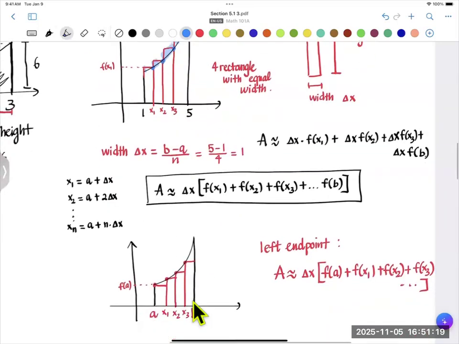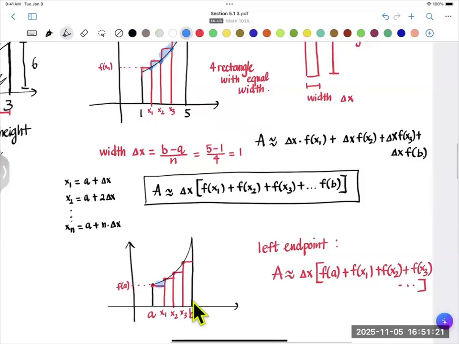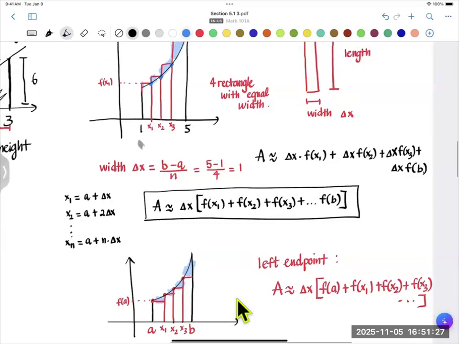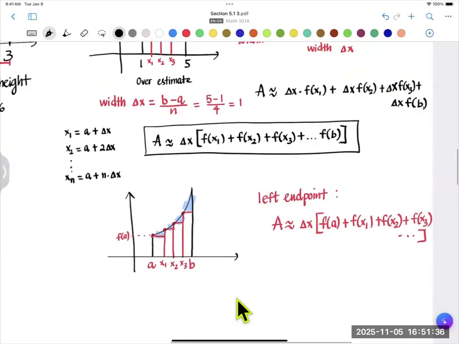But if you do right and left endpoint, you also have some error right here. This is going to be an underestimate. So we call this an overestimate. Depending on the problem, sometimes you will have an overestimate, and sometimes you may have an underestimate when you use left endpoint or right endpoint.